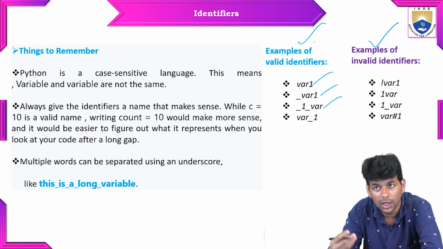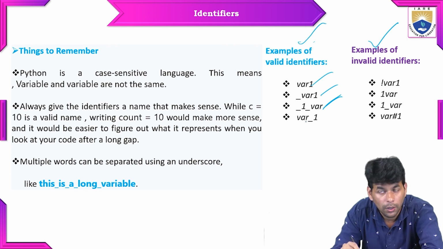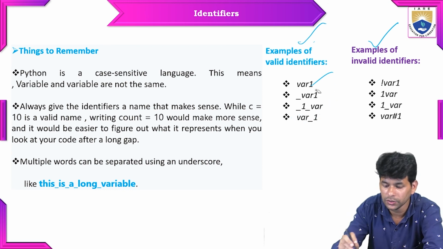We can start with characters. The third one is also correct. Then the fourth one is var underscore one. It is also a valid one. Why? We can use numbers here, we can use character values, and we can use underscore with the proper syntax. We are using it as a variable declaration. So that is called.